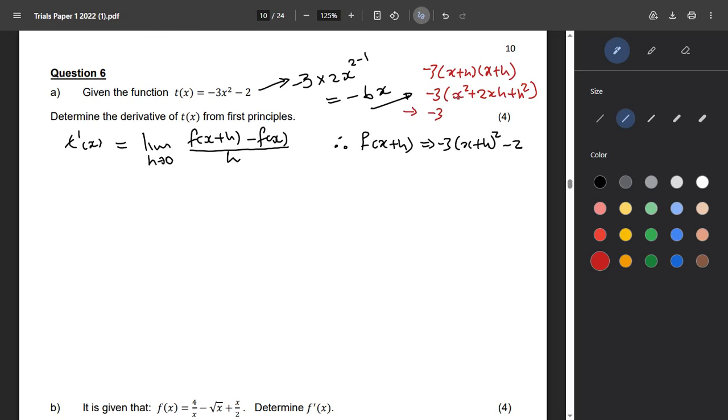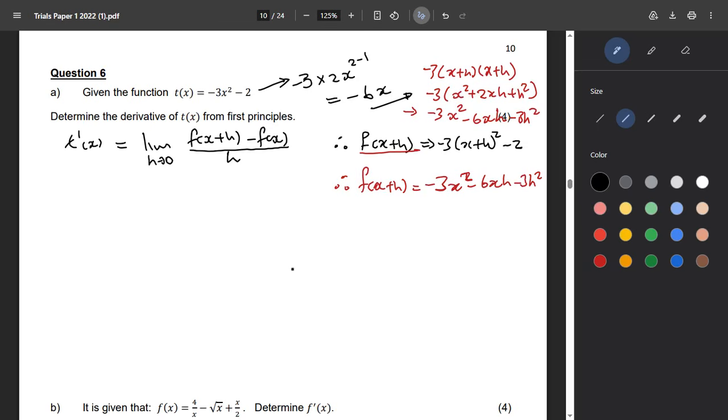This gives us minus 3x squared minus 6xh, then minus 3h squared. So f at x plus h will be negative 3x squared minus 6xh minus 3h squared. Okay, perfect.